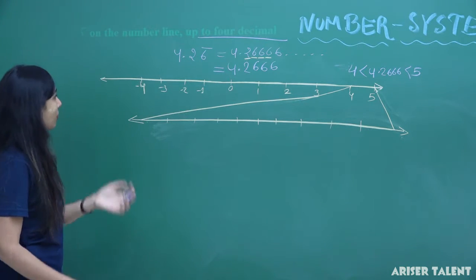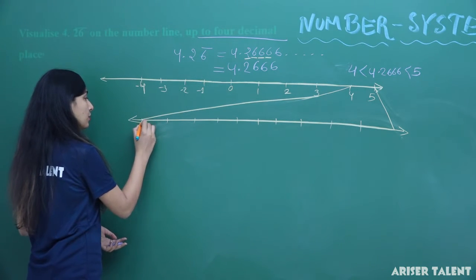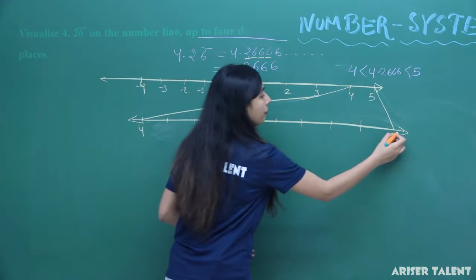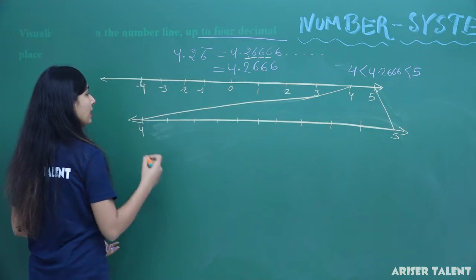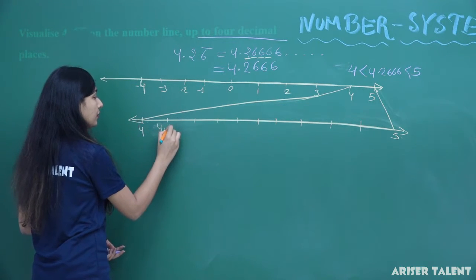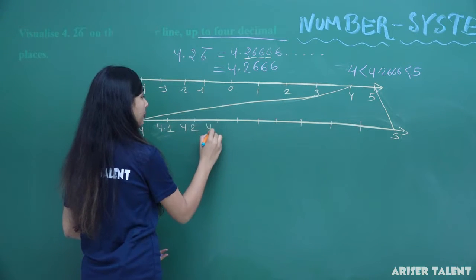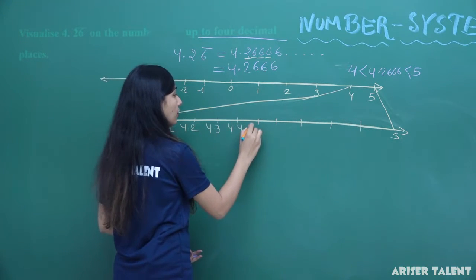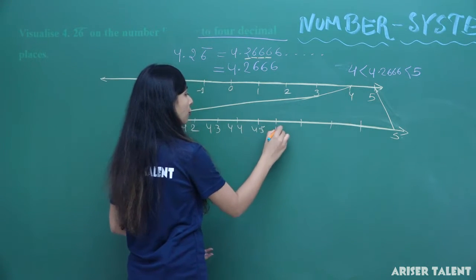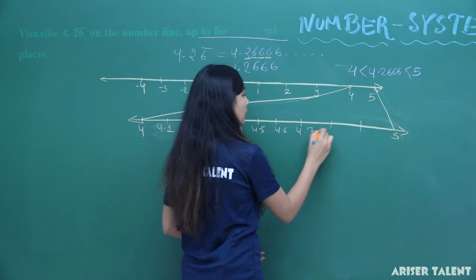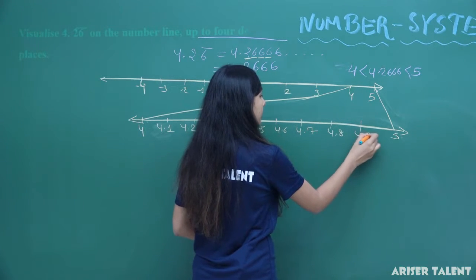So again we have this 4 here and 5 here. Now we have magnified this 4 to 5, so that will be 4.1, 4.2, 4.3, 4.4, 4.5, 4.6, 4.7, 4.8, 4.9.